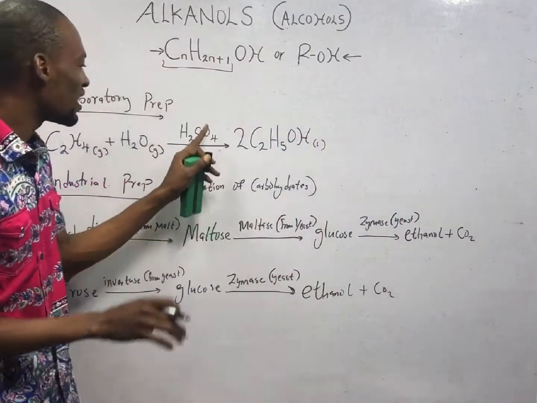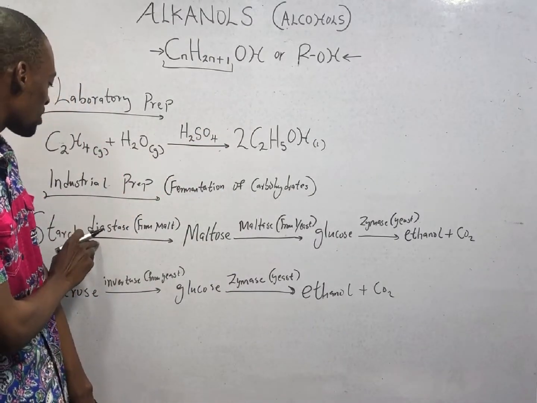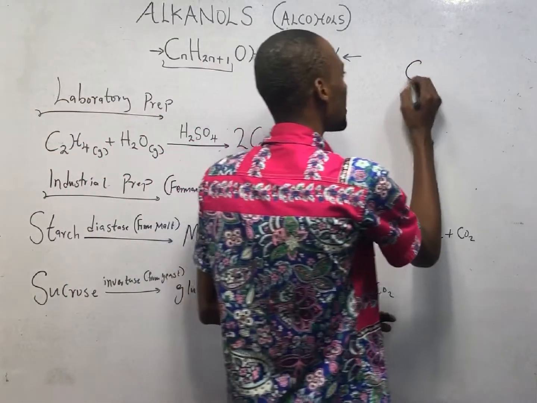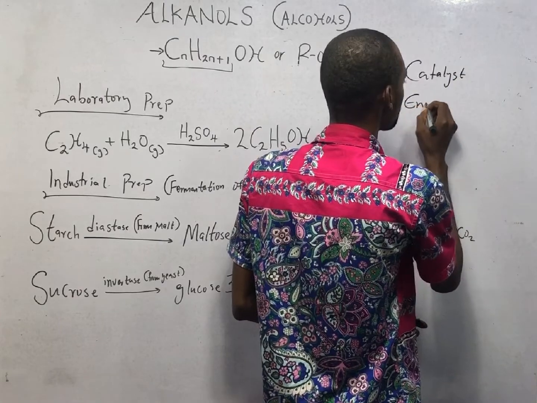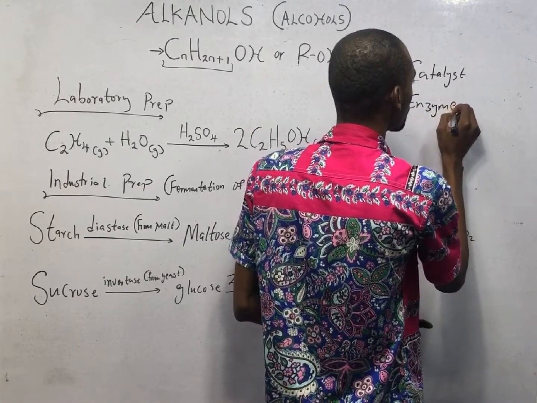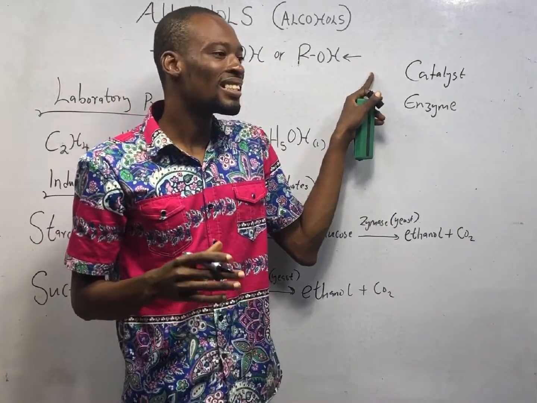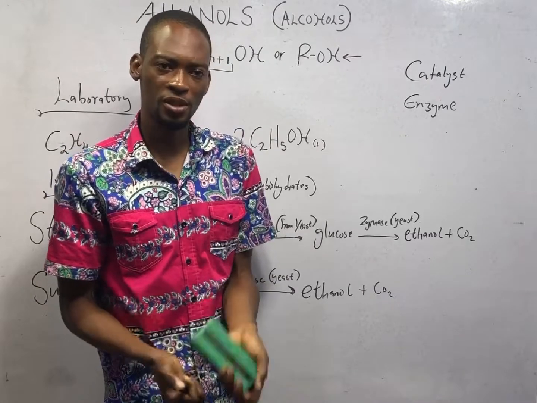Now look at it. Here I said H2SO4 is a catalyst. Now I am saying diastase, which is here, is an enzyme. There is a difference between catalyst and enzyme. Catalysts are substances that help to increase or reduce the rate of chemical reaction.